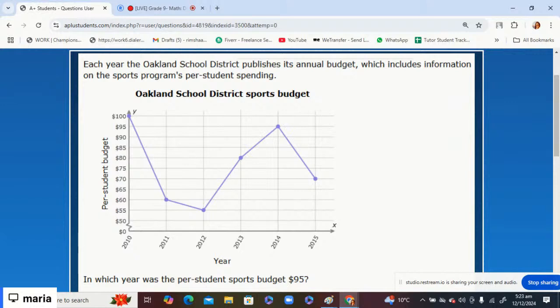In which year was the per student sports budget $95? Where is the $95? For the first year it's 100. For the second it's 60. Then for the next it's 55. For 2013 it's only 80. When we see 2014, it's on 95. Am I right?